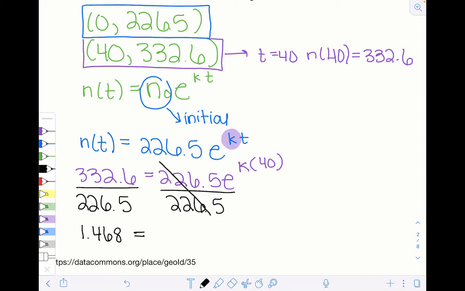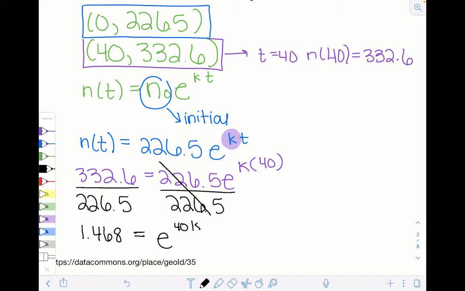Whenever I'm working on a problem, I try to keep a lot of decimals so that I don't end up with a rounding error at the end, which happens if you round too early. So I wrote 1.468 here, but on my calculator I'm going to keep track of the full value and use that so I don't end up with any rounding errors. Then on the right here, we have e to the 40k.